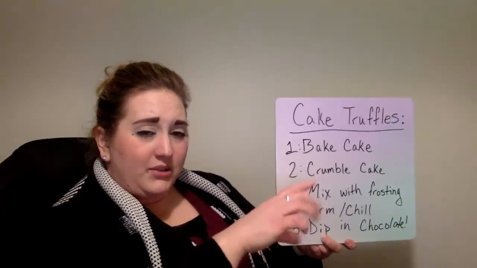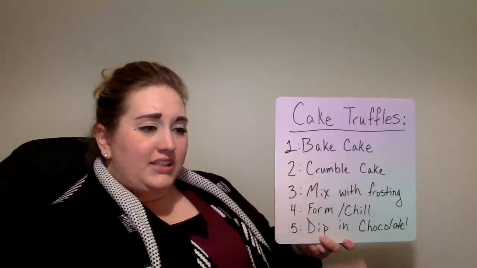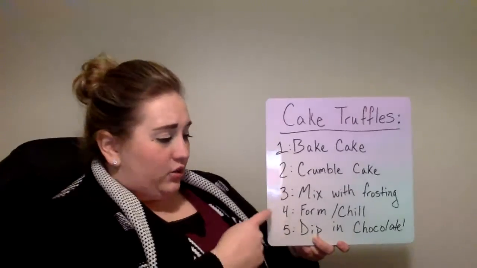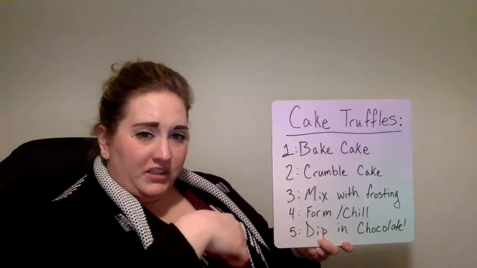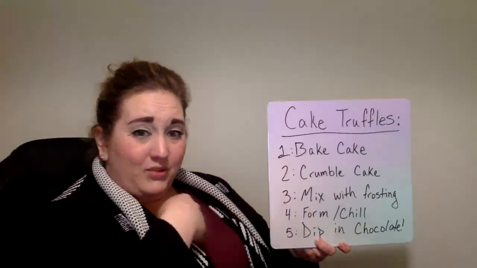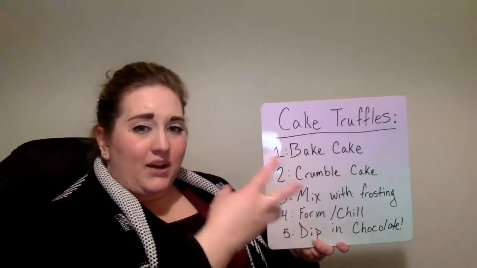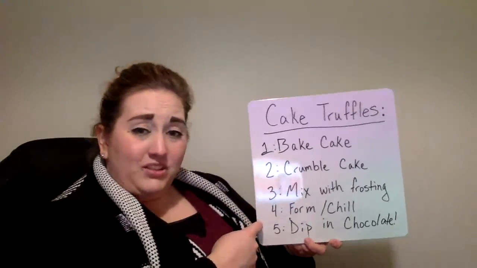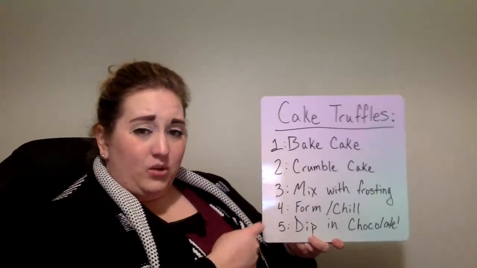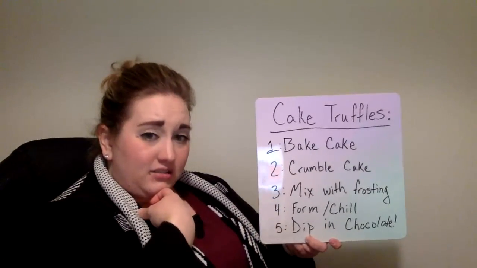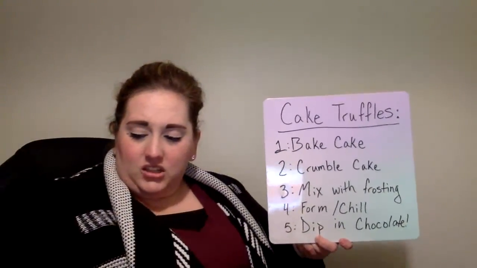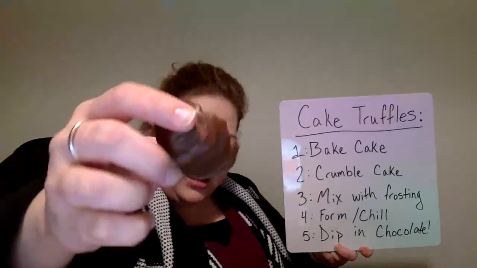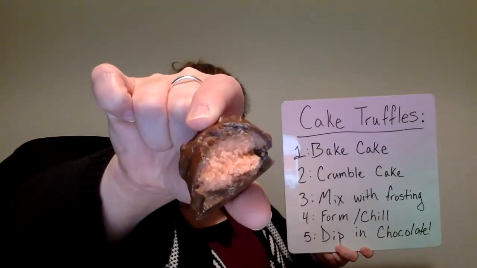So form, I use a cookie scoop and I scoop them out of the bowl onto a cookie sheet. And then I cool them off. I put them in the fridge or freezer, or right now, this time of year, I put them outside and let them cool down to make them harden so they stick together. And then I melt chocolate and I dip the cold cake balls in chocolate so that they look like this. It's melted chocolate on there. And then the cake itself looks like this.